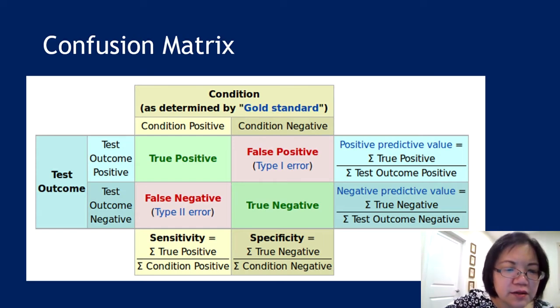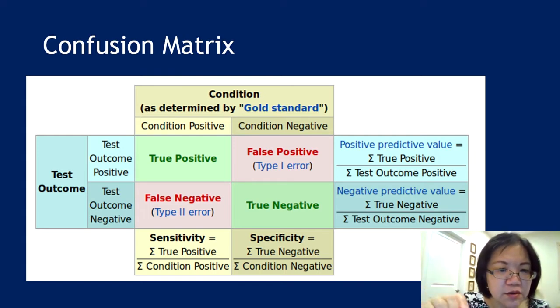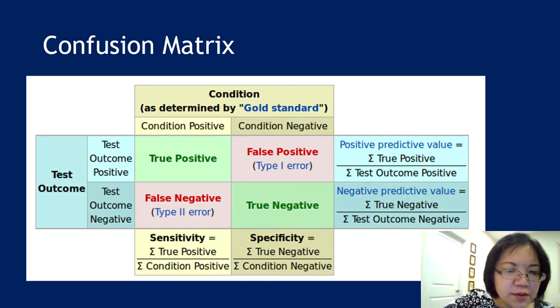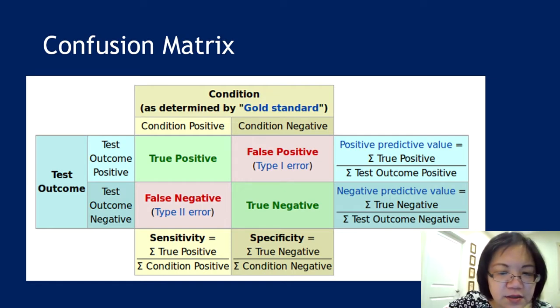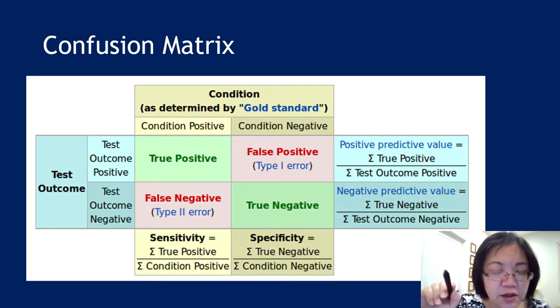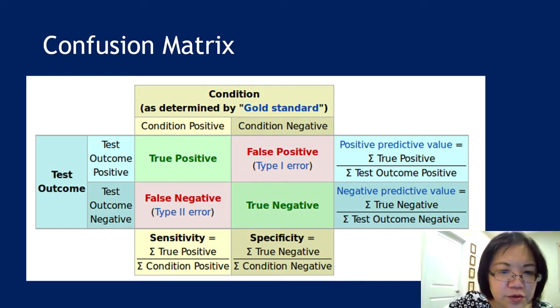So we can calculate the error rate, or we can also calculate how correct we are. So sensitivity is a way to calculate how correct we are in terms of true positives. Specificity is to calculate how good we are in terms of the true negative. So we're trying to figure out how good we are.